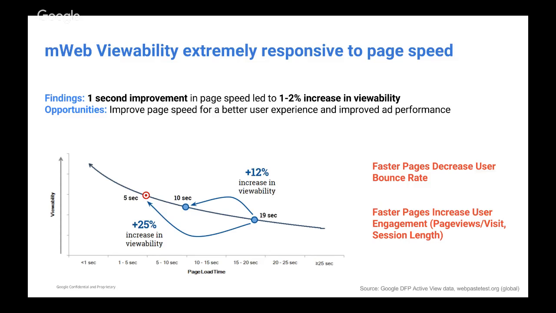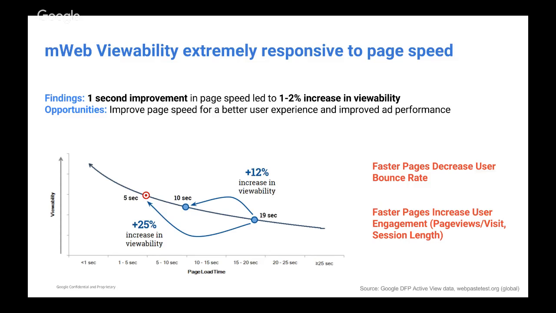So I could already be far down in the middle of the article reading something when the ad is just loading at the top. So make sure that you keep this in mind and look at how your stack is actually done. But we're going to talk about it in the last part, which is the passbacks. So the key takeaway is that faster pages decrease user bounce rate. The faster the page loads, the more likely I am to read it.